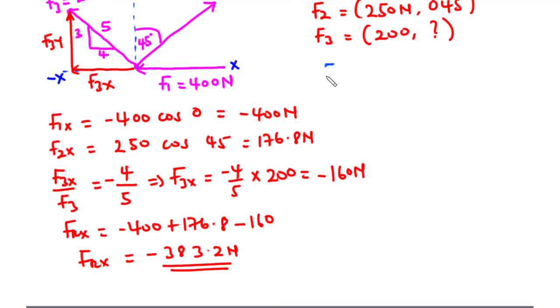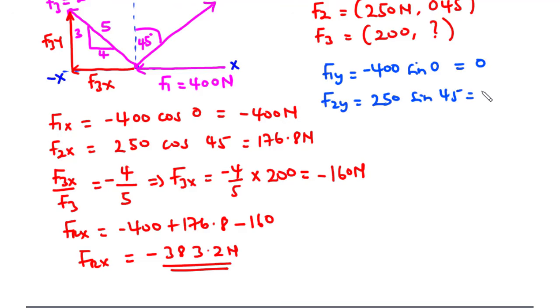So F1y is equal to negative 400 sine 0. Now that is equal to 0 newtons. We have F2y equals 250 sine 45. That is equal to 176.8 newtons.